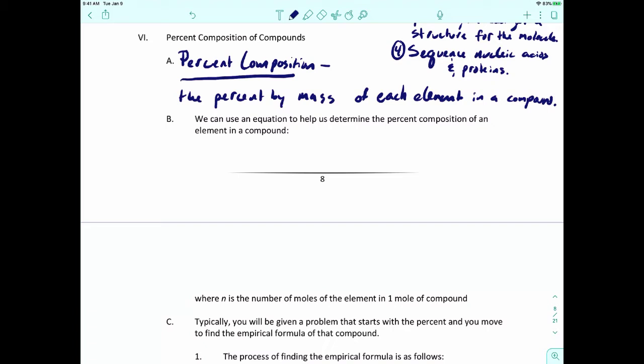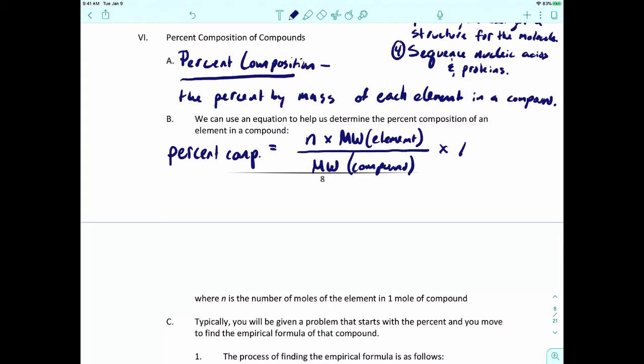Okay, and there is actually an equation that we can write to help us determine the percent composition. The way we calculate the percent composition is that we take the number of moles of the element, which we represent as N, times the molecular weight of the element, and then we divide that by the molecular weight of the compound.